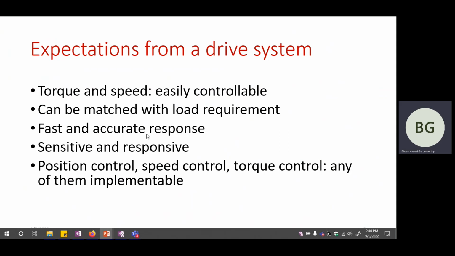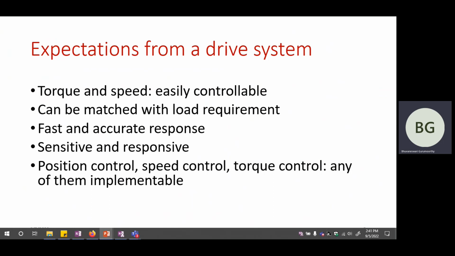And another thing is, just accurate control is not sufficient. It should also control the speed and torque in a very, very fast manner. For example, in an electric vehicle, if the driver sees a red light, the driver should be able to stop the car immediately, which means the response has to be really fast. You cannot overshoot the zebra line and stop way beyond the intersection.